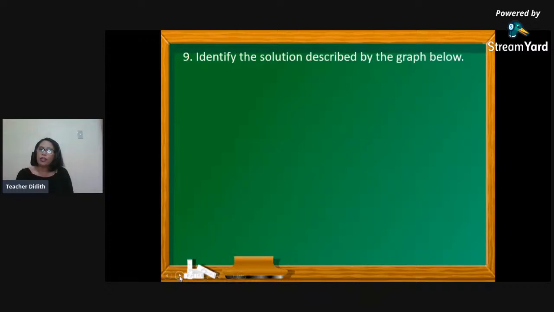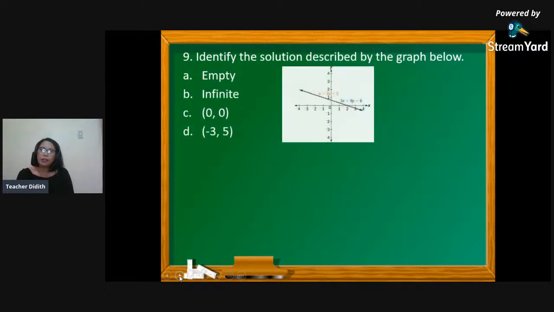Identify the solution described by the graph below. Again, here. The lines actually coincide. We have the red line and the blue line, which are defined by x plus 3y equals 2 and 3x plus 9y equals 6 respectively, guys.